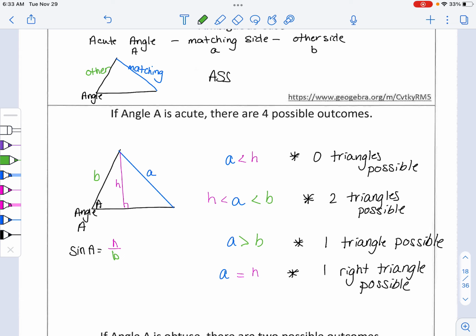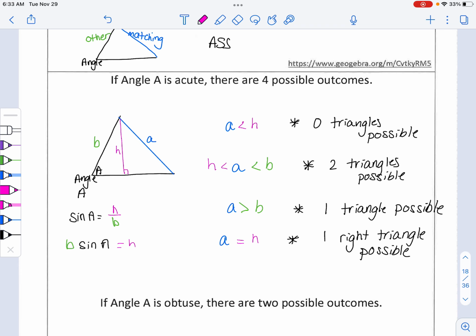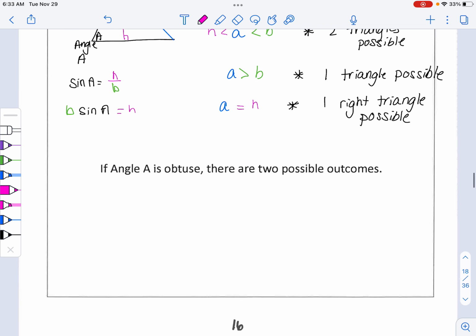We would multiply both sides by B, and we would have that equal to your height. So in essence, guys, your other side times sine of your angle is always going to be equal to your height. Now, if that given angle is obtuse, there are only two possible outcomes.